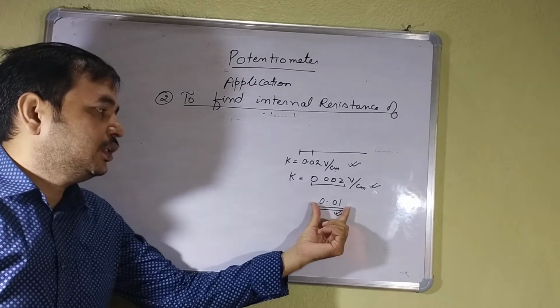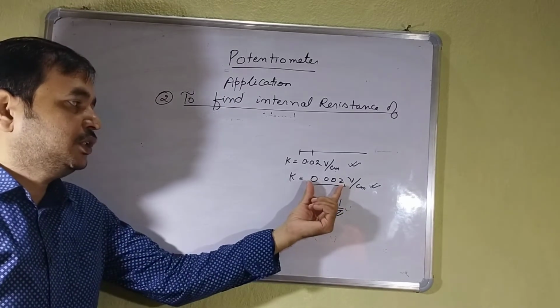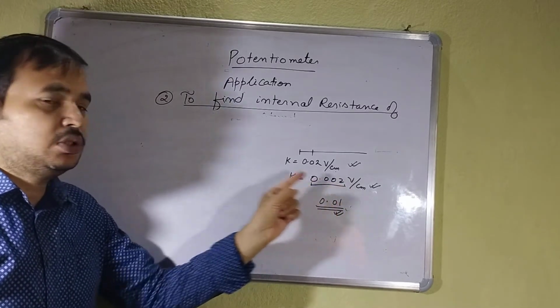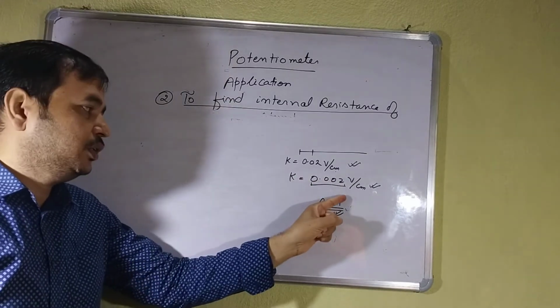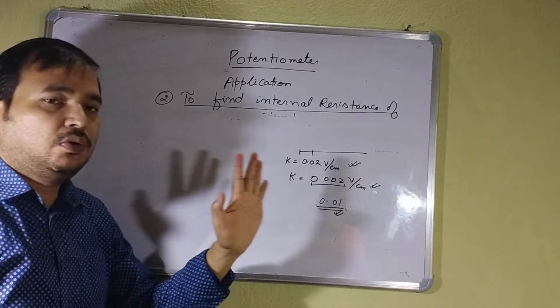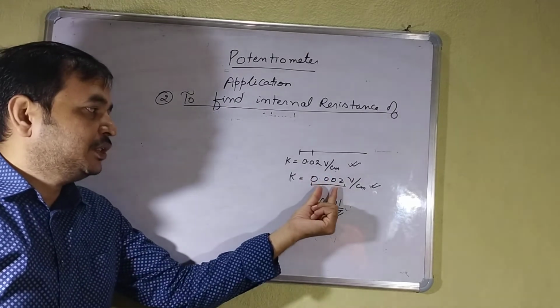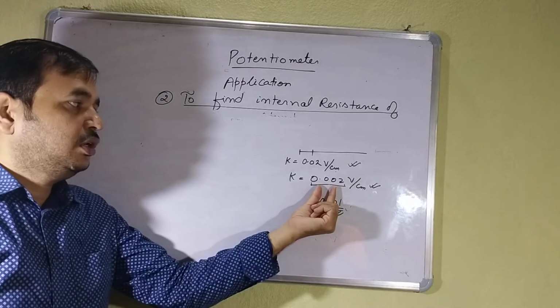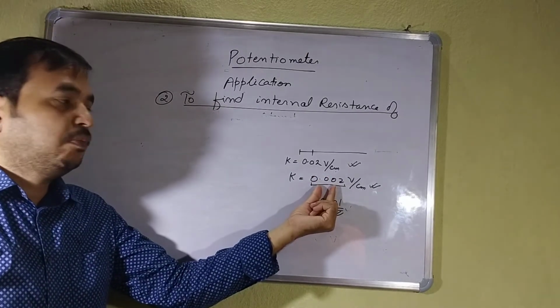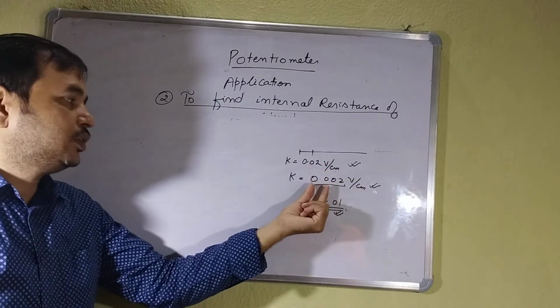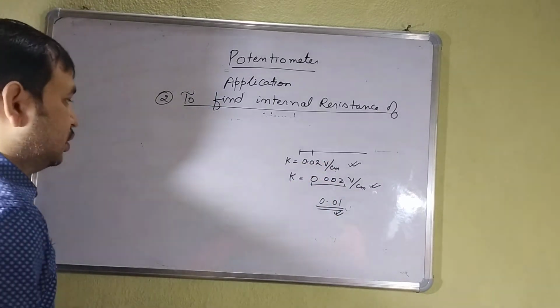So you can measure 0.02, 0.03, 0.04, 0.05. In this way you will go, then 0.01 you can easily measure. It can measure a small variation in potential difference, but the other cannot. It all depends on the value of K.